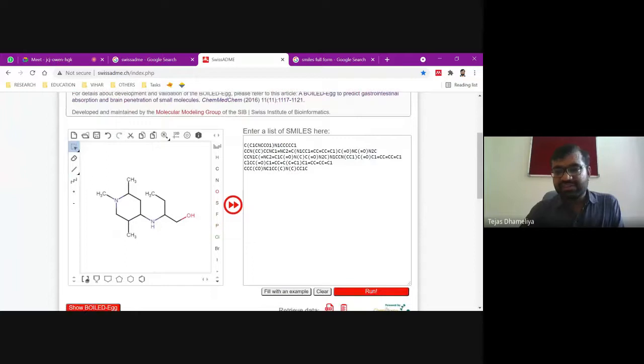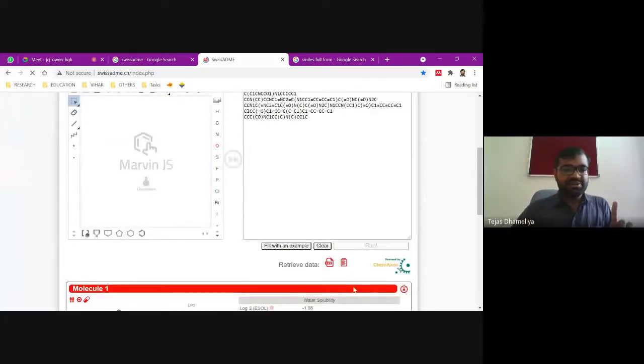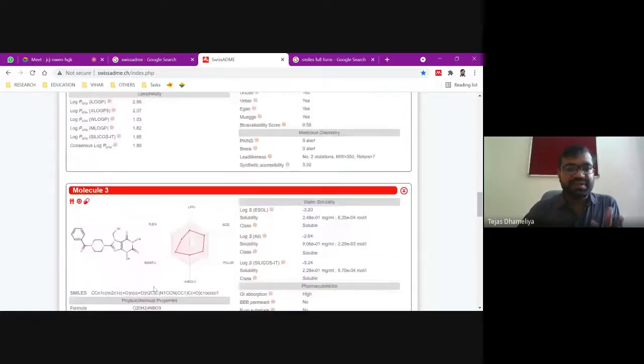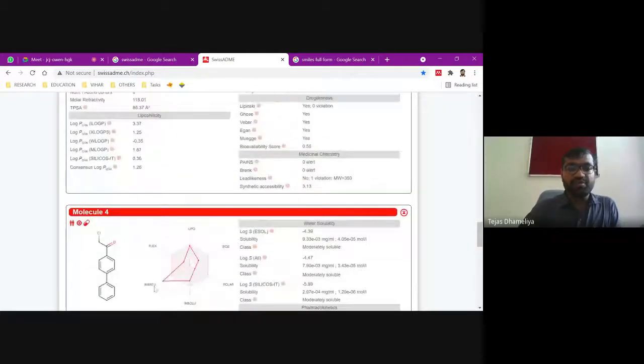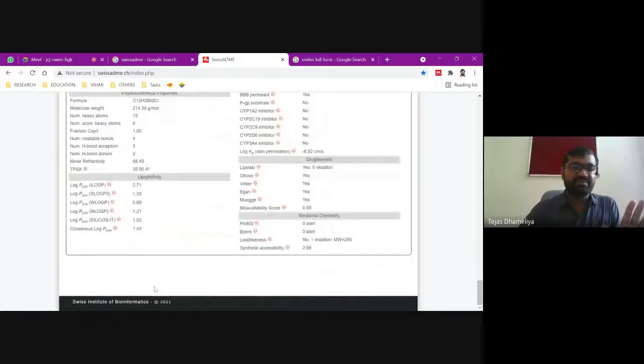I will click on run. The moment I click on run, you can see the progress over here, that slowly it will calculate all these molecules, molecule 1, molecule 2, 3, 4, and 5. And thus, all these 5 molecules will be calculated.